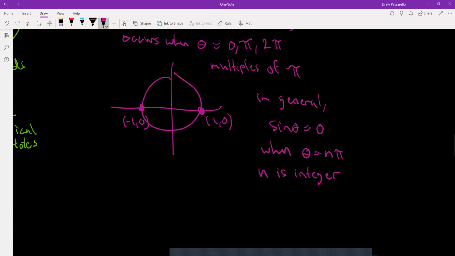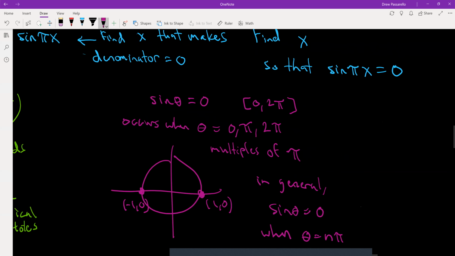You could have negative numbers too if you're revolving in the opposite, clockwise direction. So n could be -3, -1, 0, 1, 2, 3, and so forth. Those are the values n can be.